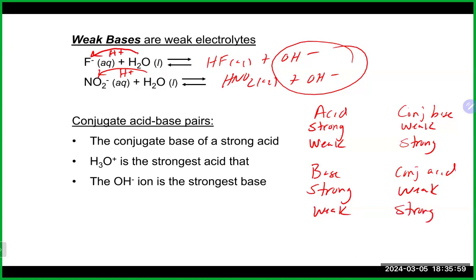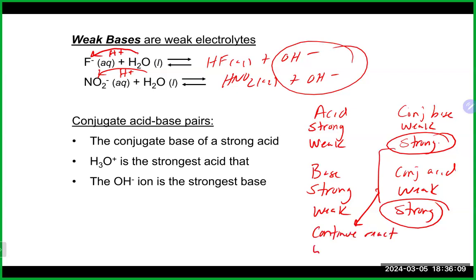So again, in this context, as we'll talk about a little bit later on, these guys will continue to react with water and can affect the pH of the solution because of that. So we'll talk a little about that when we talk about salts as we go through this chapter. Any questions on that?